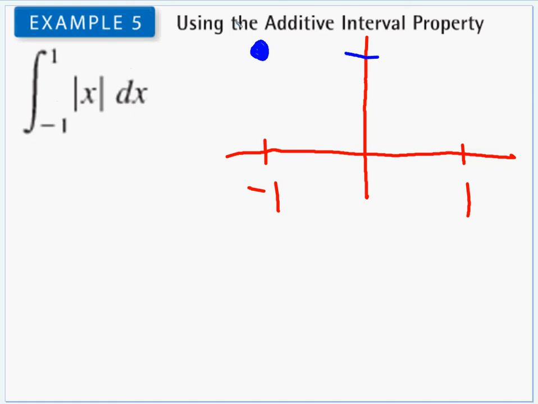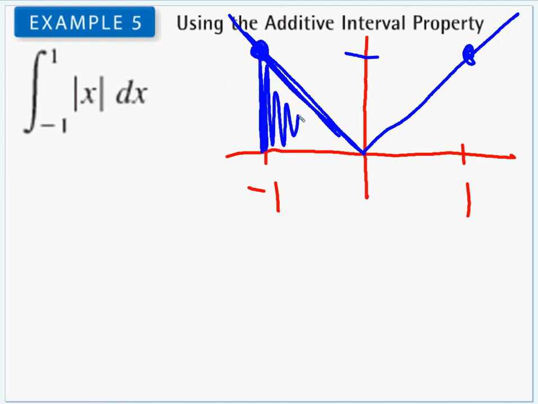Remember, the absolute value of x is going to sort of look like a V graph. So this is part coming down. And then after 0, if I plug in absolute value of positive 1, it's also 1. So we get our V-shape graph. Now we're going to accumulate the area starting at negative 1 and go along to here. And then we're going to go from 0 and accumulate up to positive 1.